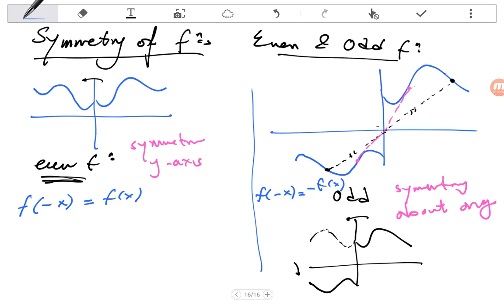If a function doesn't satisfy either of these, a function that is neither even nor odd, we call it a general function. Okay?